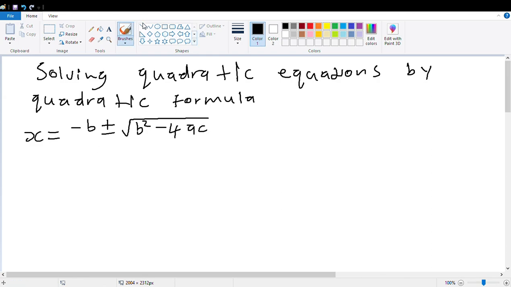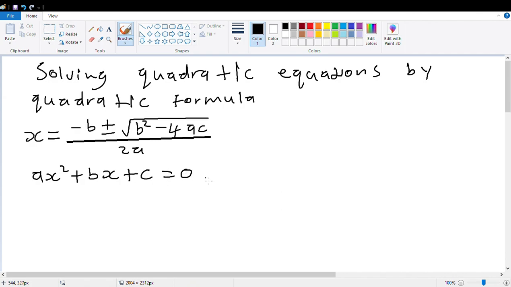So for one to use quadratic formula, which is this one right here, you need to have an equation which is in standard quadratic form, meaning your equation must be in a form of ax squared plus bx plus c, which is equals to 0.